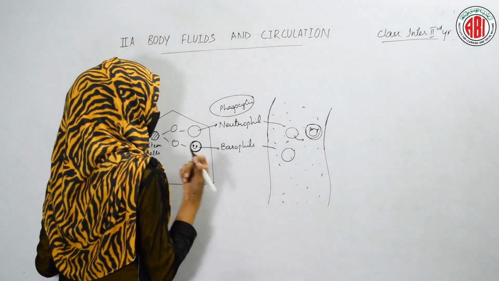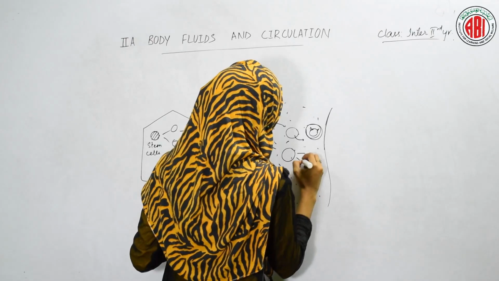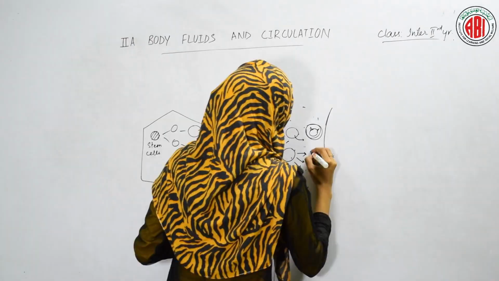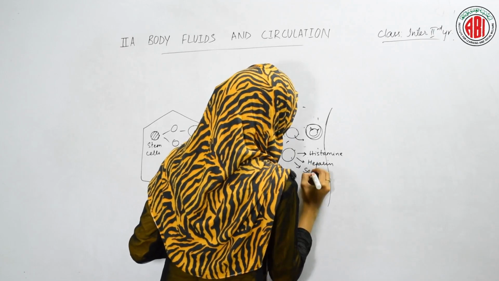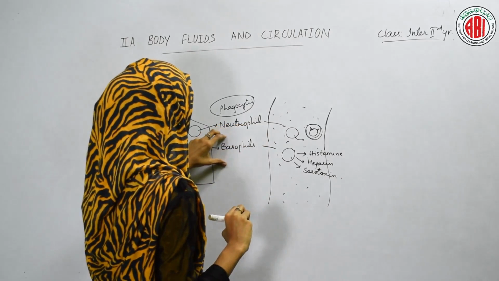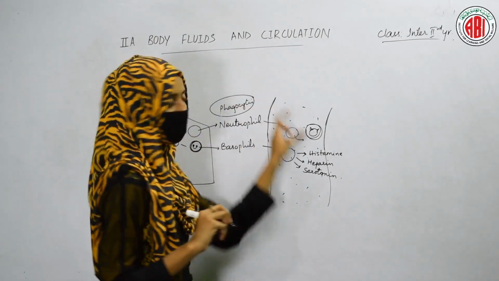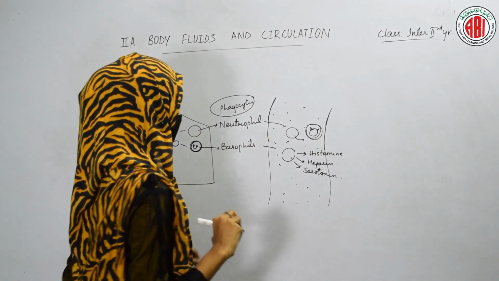What is the function of basophil? Basophil basically releases three chemicals. One is histamine, the other one is heparin, and the third one is serotonin. These three chemicals are released by the basophils if they find any bacterial infection in the blood vessels. Let us see the role of each chemical.